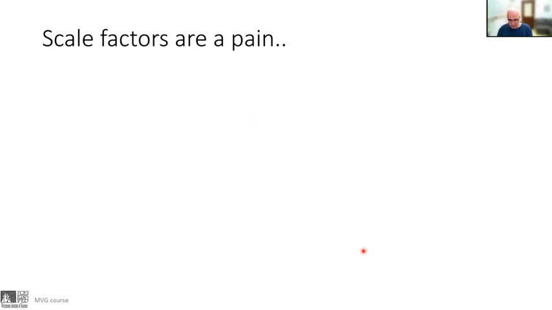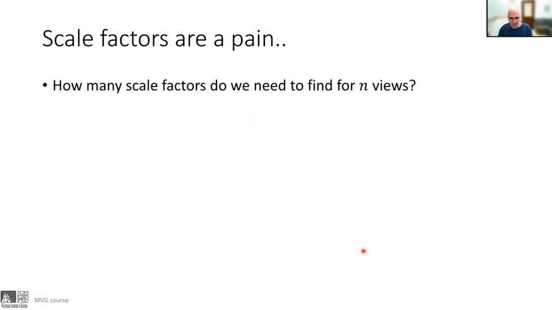So then we came up with an idea how to solve the problem of scale factors. The idea is the following. The question is how many scale factors we need to find for n views. So we have n images, and every fundamental matrix Fij can be scaled. We don't know the scale factor. We solved a homogeneous problem to solve for the fundamental matrix.